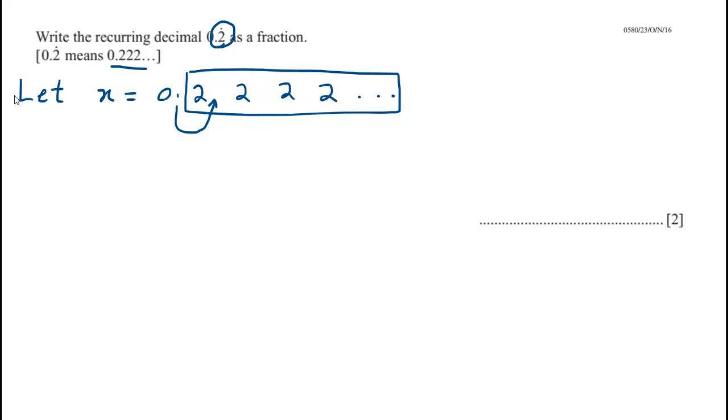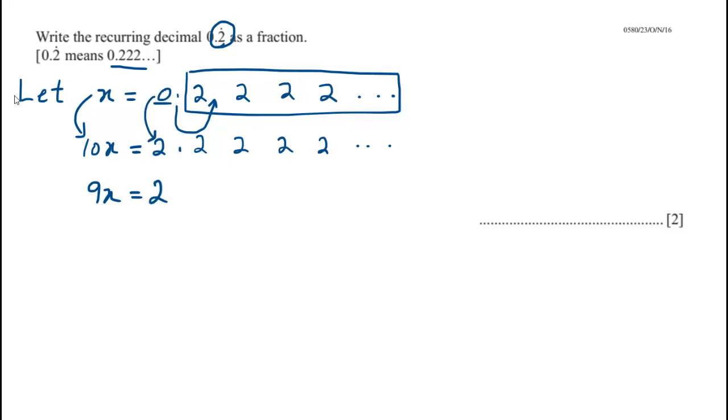For that we have to multiply by 10. There are so many 2s, so bringing one 2 to the left hand side will not affect the number of 2s on the right hand side. Now subtract this. It is 9x. Subtract 0 from 2, it is 2.